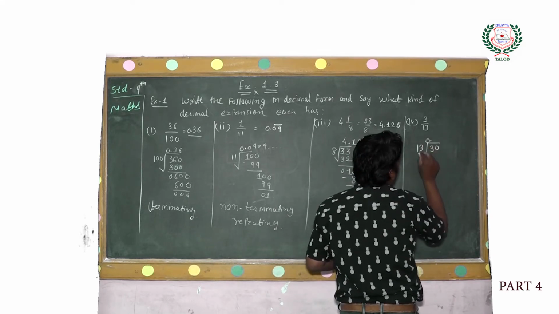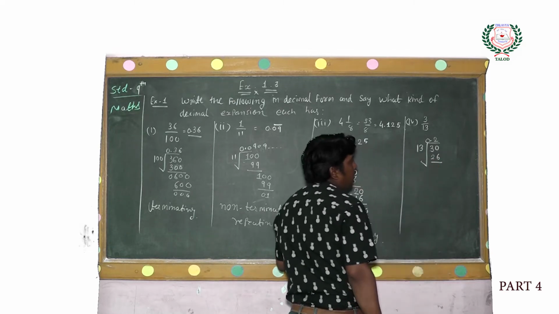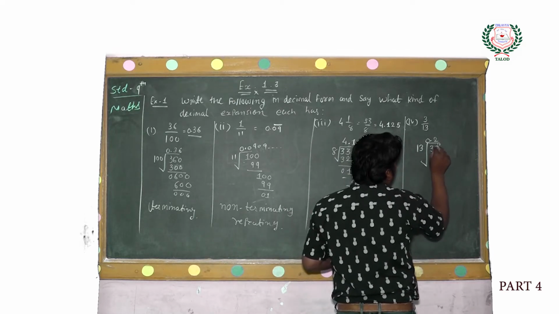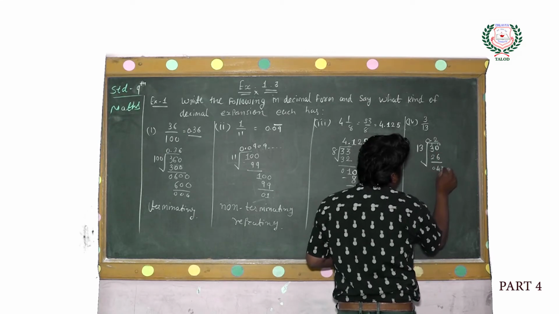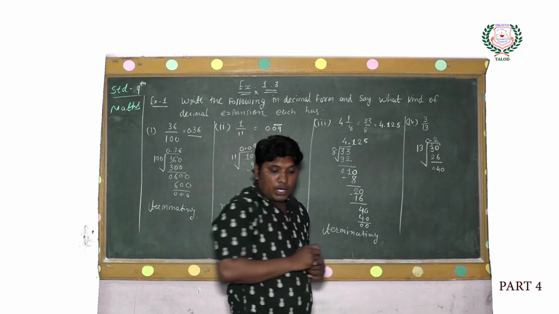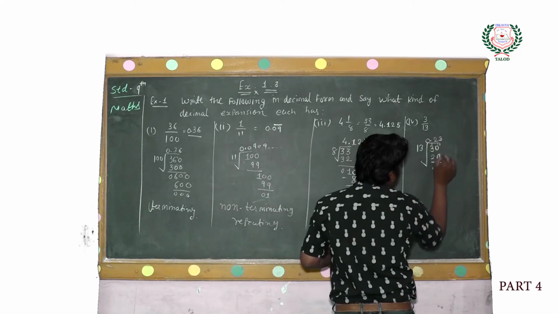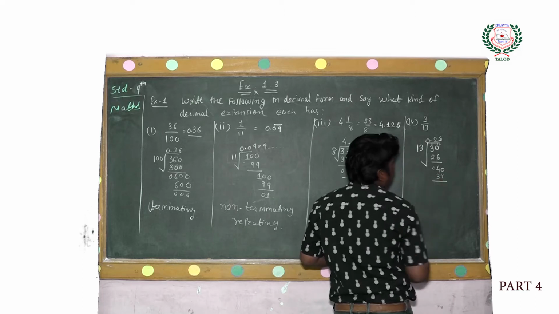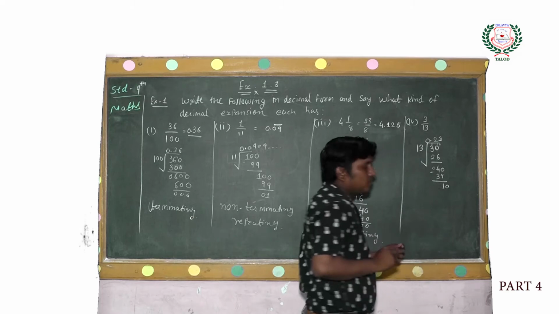So what happened? 13 twos are 26. Now subtract them. Like that, 10 minus 6 is 4, and 0. So 4, once again put here 0. So 13 threes are 39. So once again we get here 0 and 0.